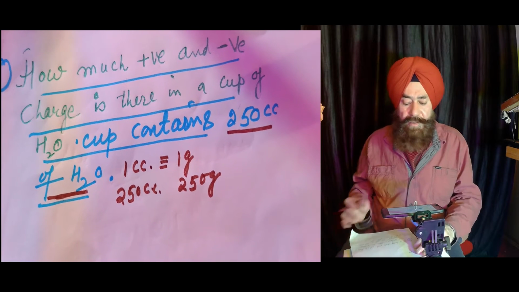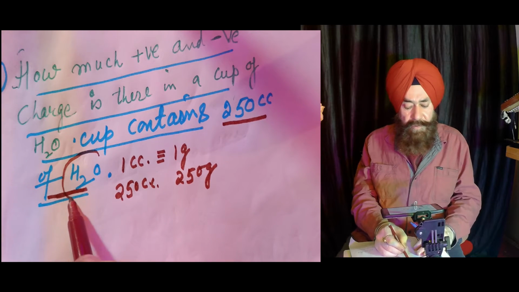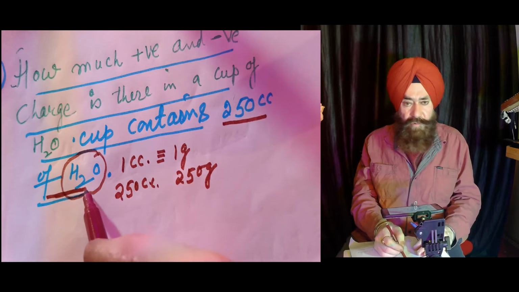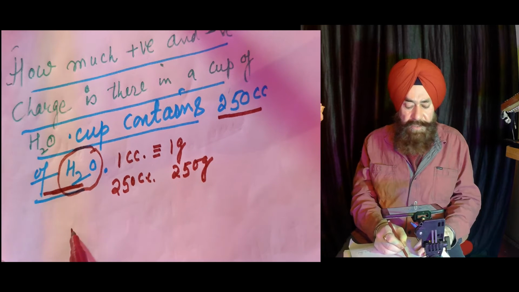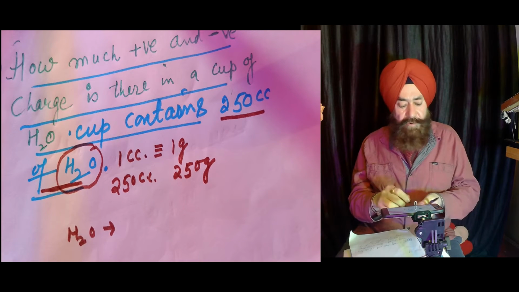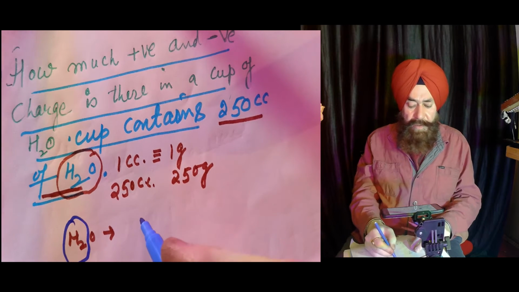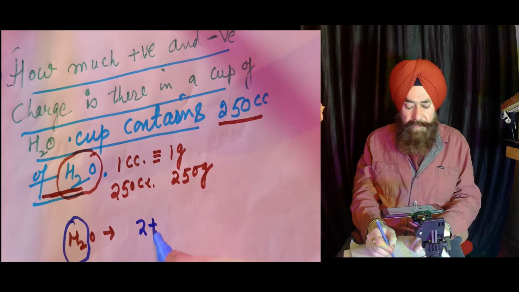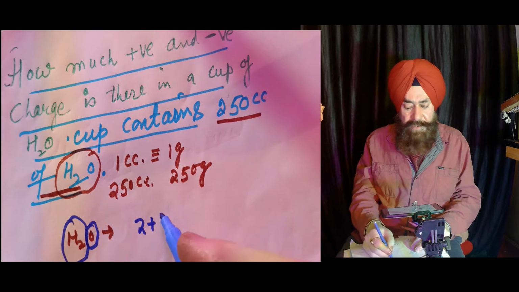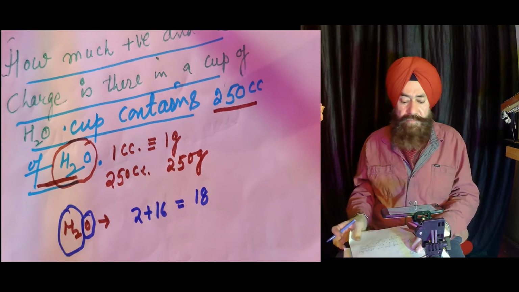Now, what is the molecular weight of water? It is H2O. The molecular weight of water is H2, that is 2, plus oxygen, 16. It is 18.